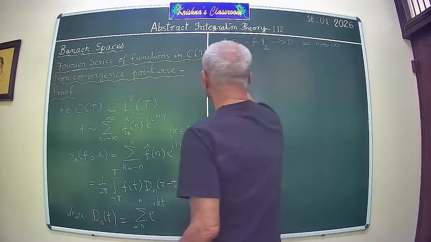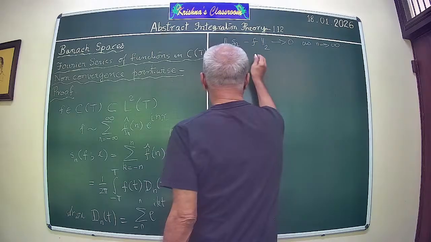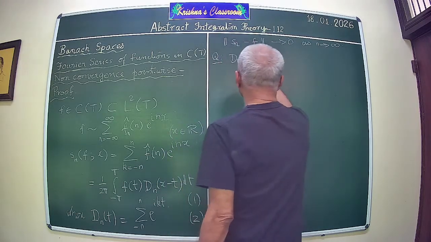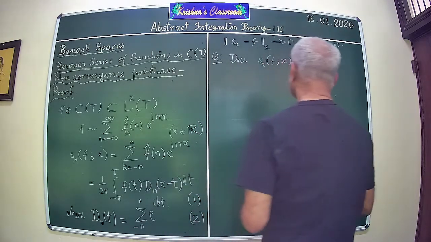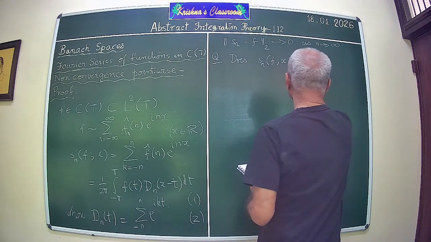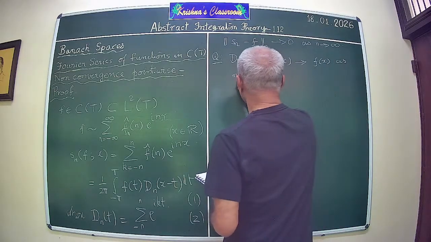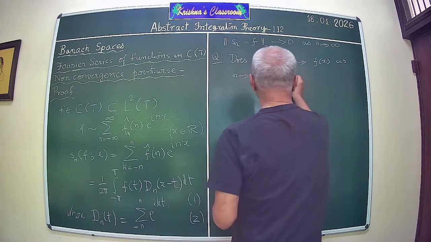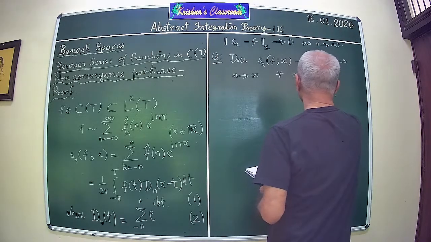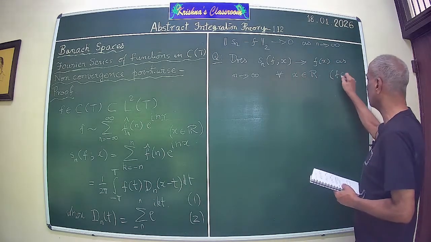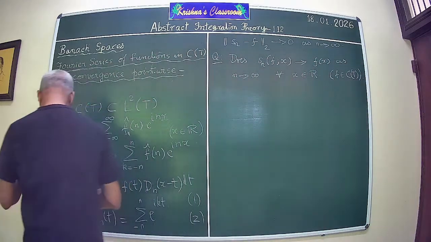So the question that you ask is, does Sn f of x converge to f of x as n tends to infinity for every x belonging to R, because f belongs to CT? This is the question that we have posed.